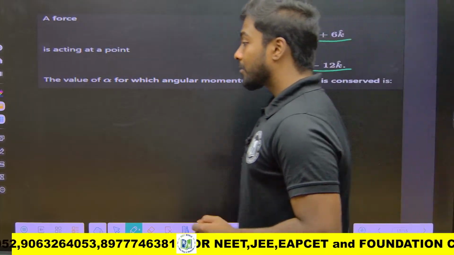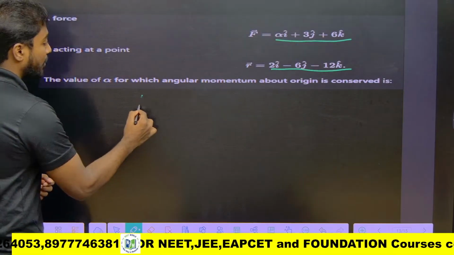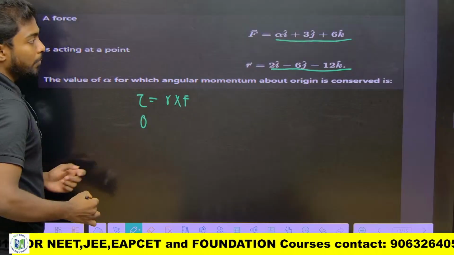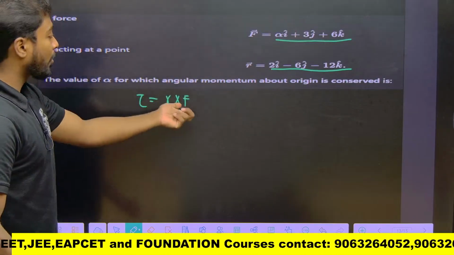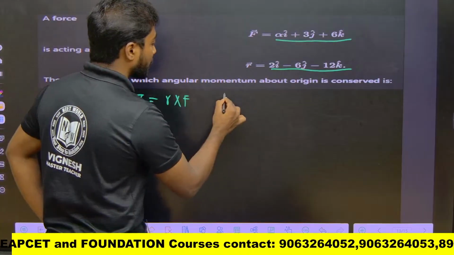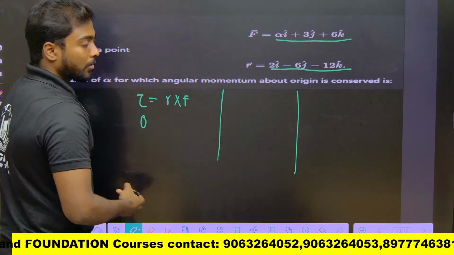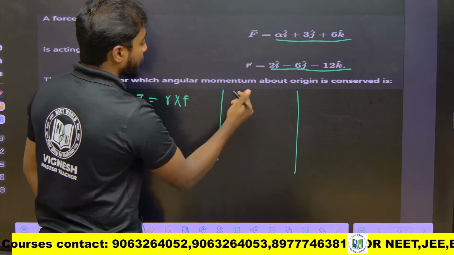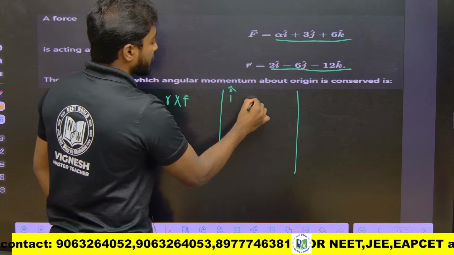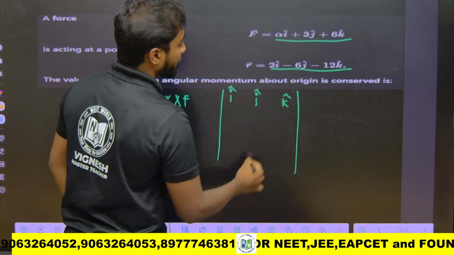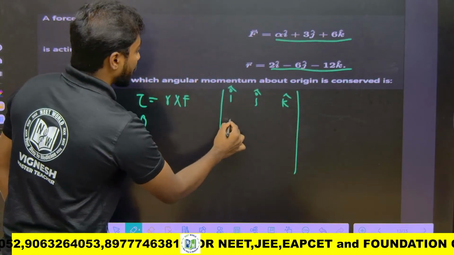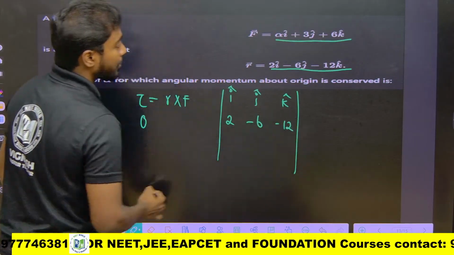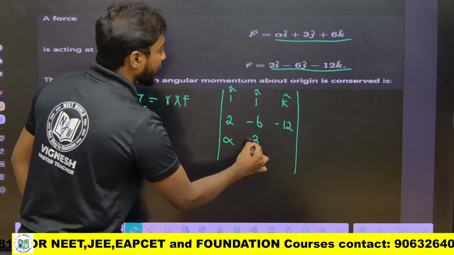Conserved about origin means tau is equals to R cross F, where tau is nothing but 0. I need to find the value of R cross F. I will write here. First, I need to draw the determinant with i, j, k. Next row is R: 2, minus 6, minus 12, and F is alpha, 3, 6.